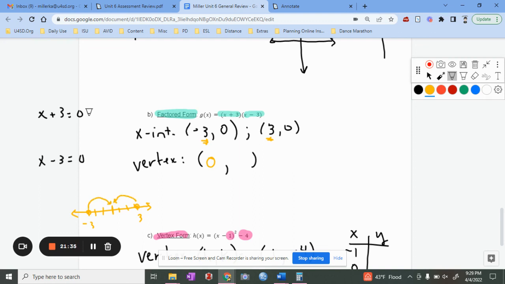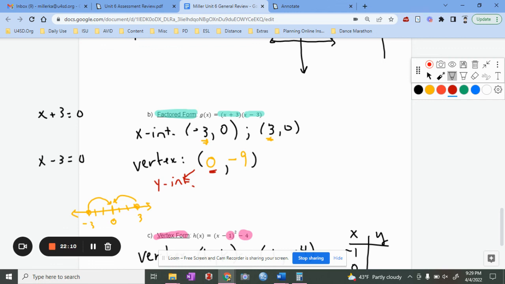They're both going to come over here. Halfway in between is 0. And I can use that then to calculate the y coordinate of the vertex, my k value. 0 plus 3 times 0 minus 3 gets me negative 9. And that happens to also be my y-intercept because the x value is 0. So that's my y-intercept in addition to.